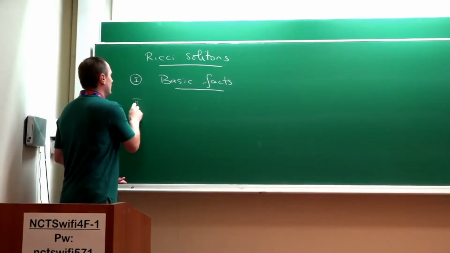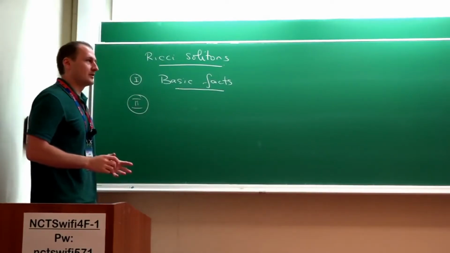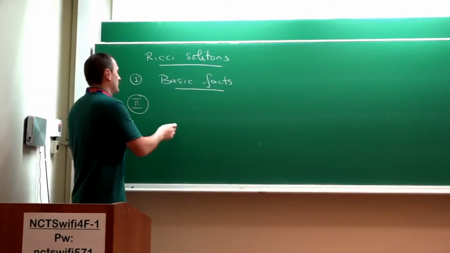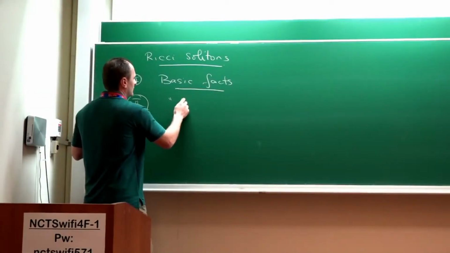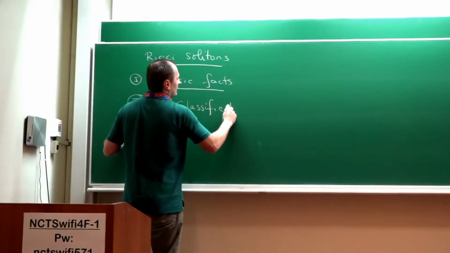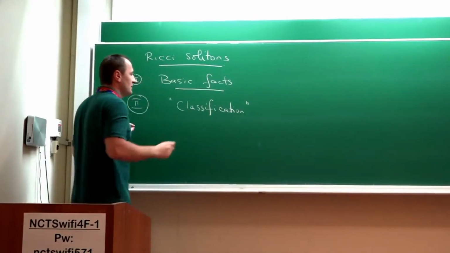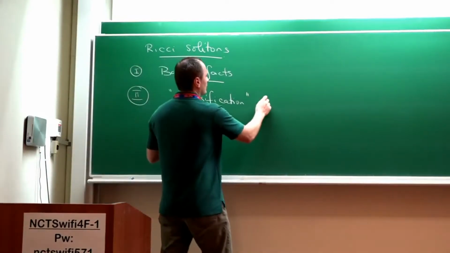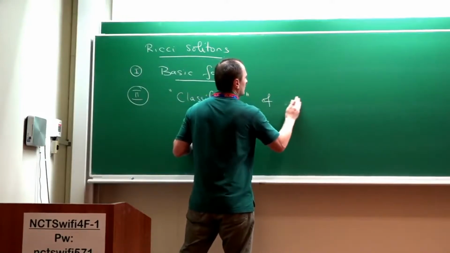So I'm just going to recall and set up the notation, but I'm not going to explain much of this. And then I'll talk about classification. It depends in what meaning you mean classification, so I'll just say it and I'll explain at the right time. Classification of shrinkers in 4D.